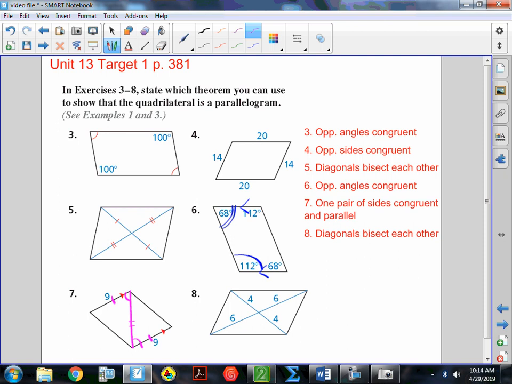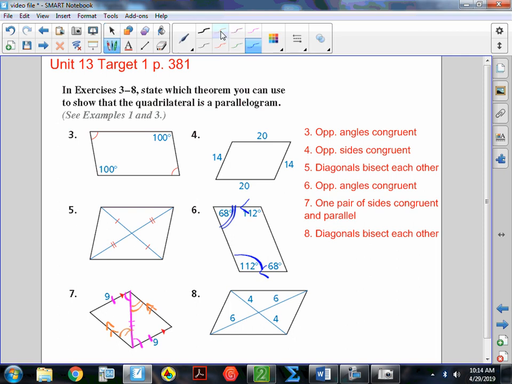And once the triangles are congruent, you can show other things. You can show that corresponding angles are congruent. If those two angles that I just marked in orange are congruent, that means I have another set of parallel sides, and so I have 2 sets of parallel sides. The same thing with number 5 and 8, you have diagonals bisect each other.